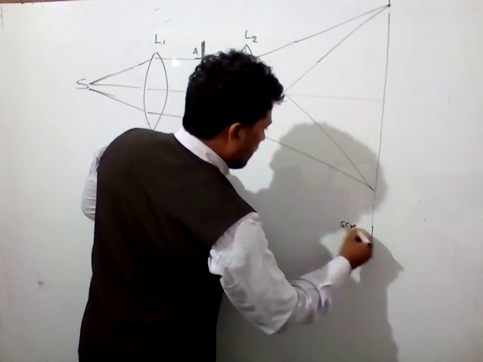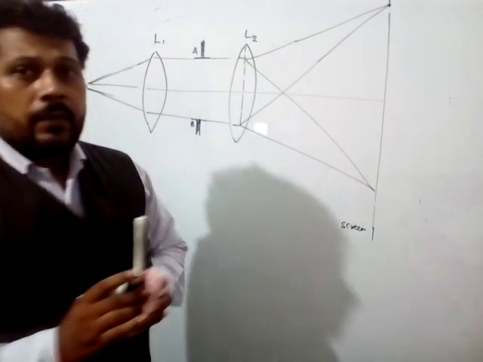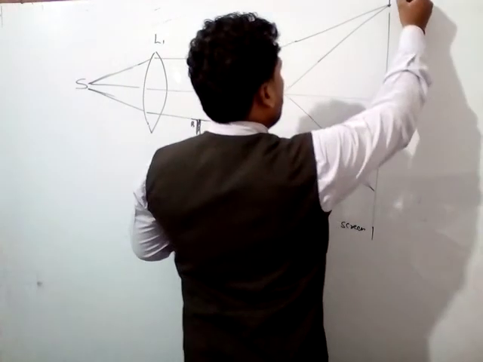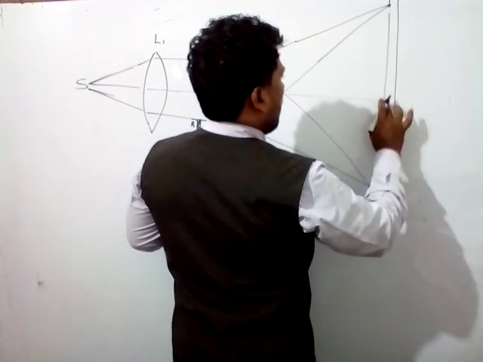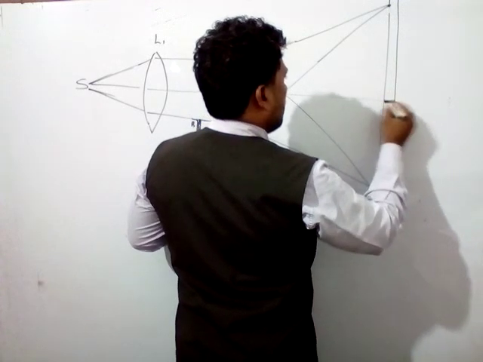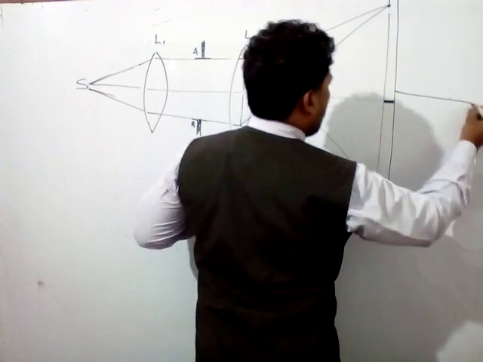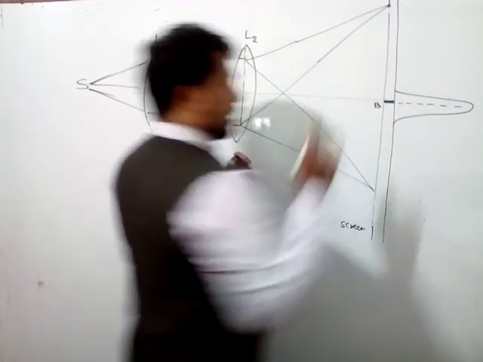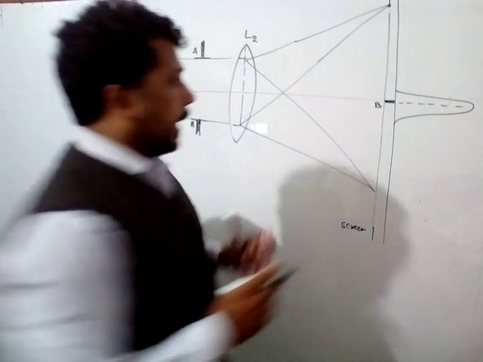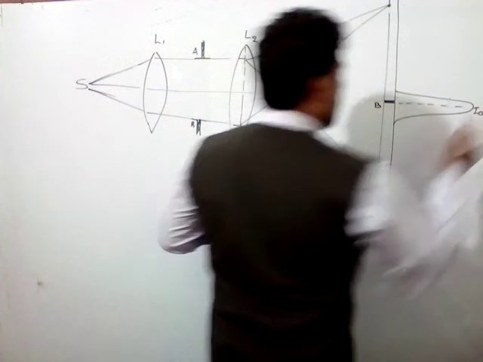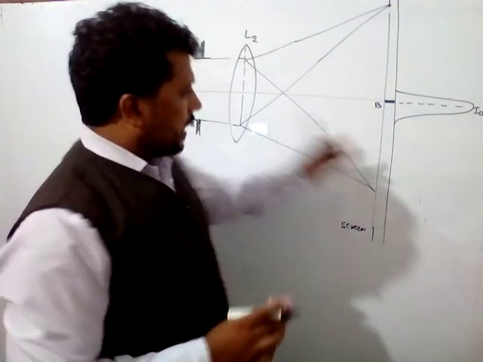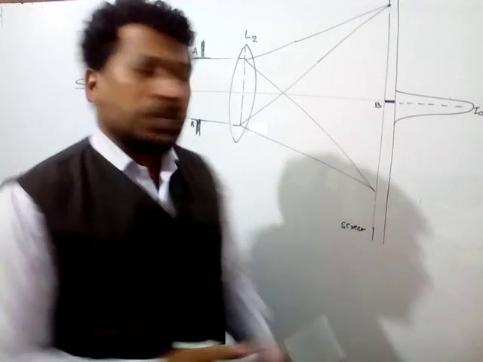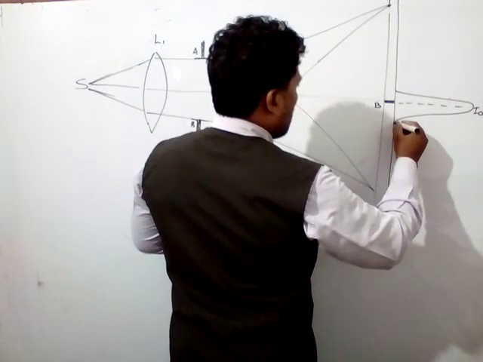So this is the screen, and here we can say the intensity pattern is like this at the central point. This is the central maxima, and here intensity is maximum, and after that the intensity decreases in consecutive order in terms of bright and dark.